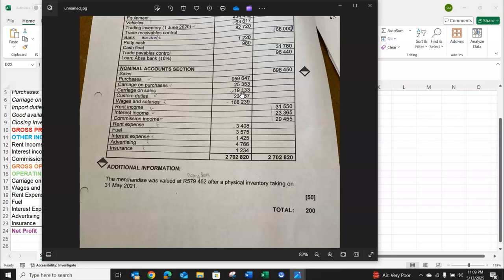Let's first look at the scenario whereby the company charges you for a delivery. If a company delivers the products to you and then charges you 60 rand for the delivery, then the company will recognize your 60 rand as income because they've received income from you for delivering the product. So those carriage on sales would be regarded as income.